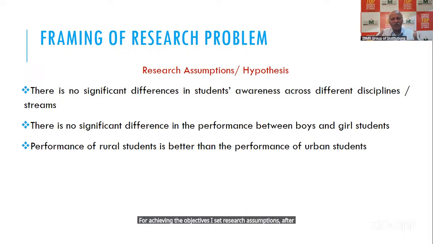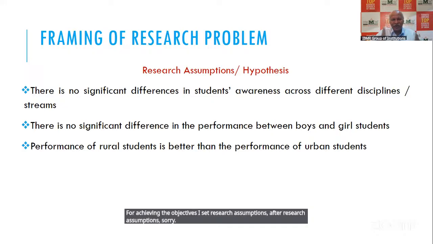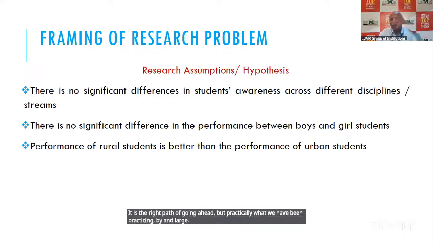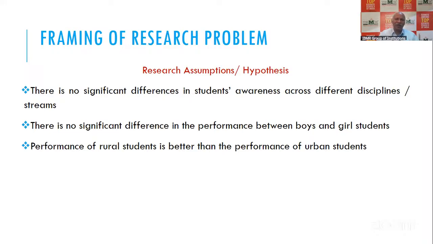No, after research assumptions, to achieve the research assumptions, I set the research objective. To achieve the research objective, I will not set research assumptions. It is the right path of going ahead, but practically what we have been practicing by and large is that we take the hypothesis first, then objectives. But we hardly follow the process which I am explaining to arrive at research objectives.